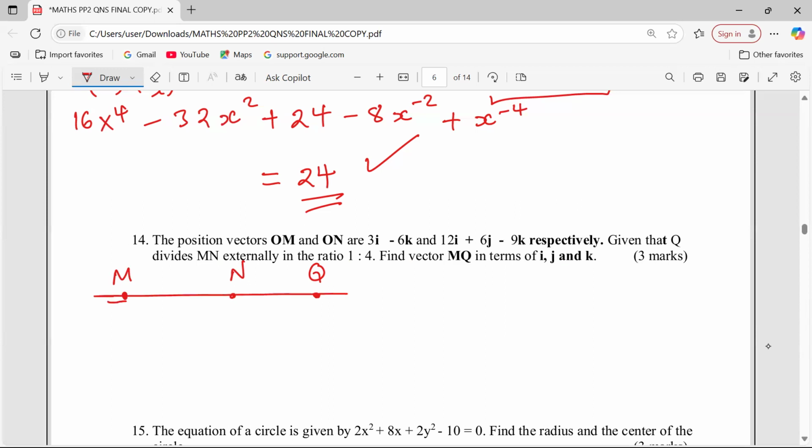So the ratio from M to where Q is should be 1. Then going back to N, we need 4 units.